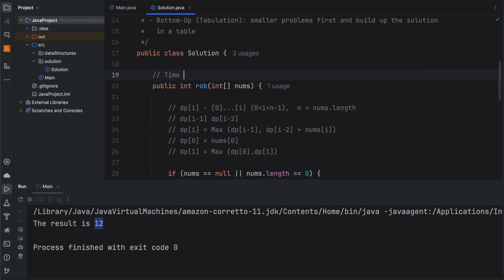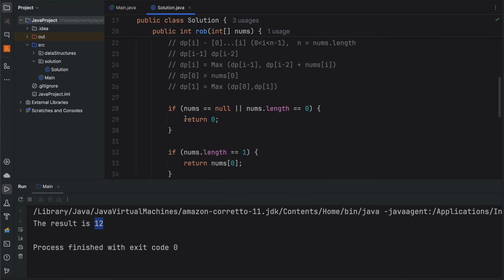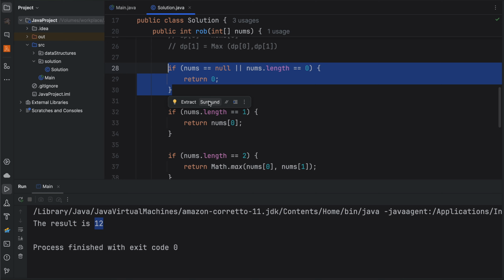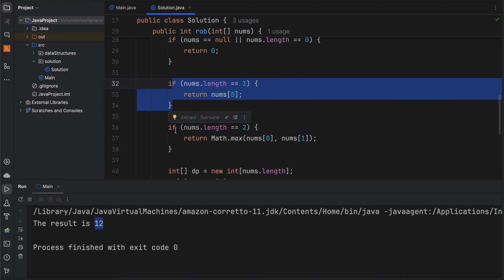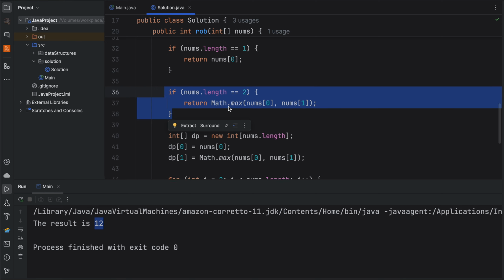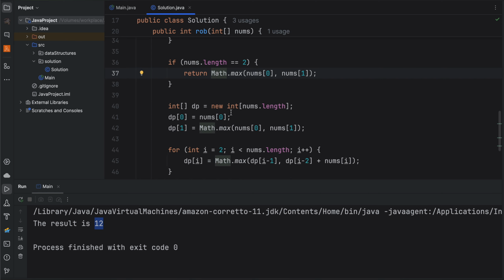So the time complexity of the solution would be, so here this check takes a constant amount of instructions, this check as well, this check as well. So calculating the maximum value between the two values also takes a constant amount of time.